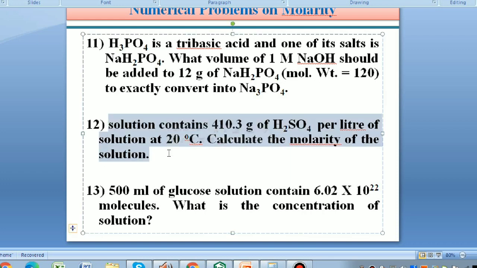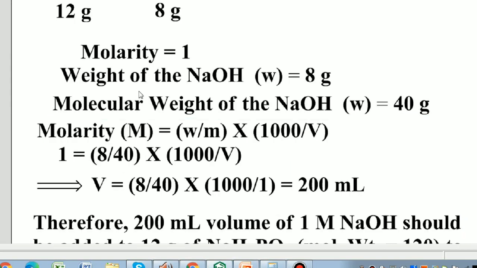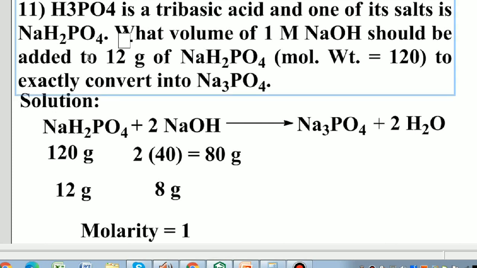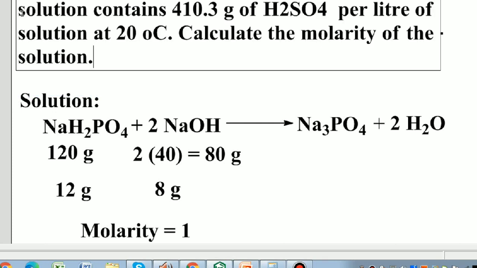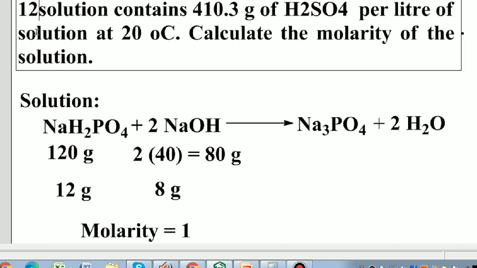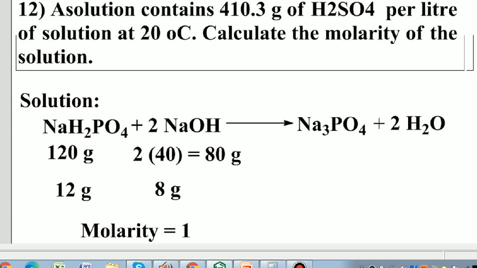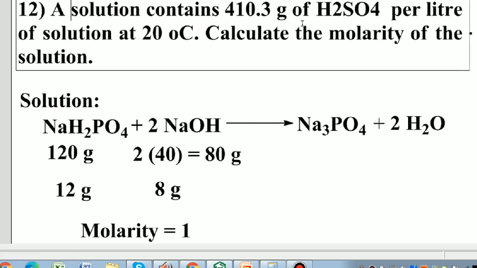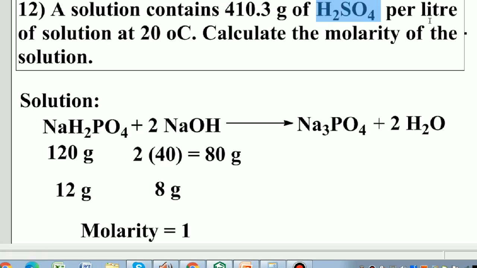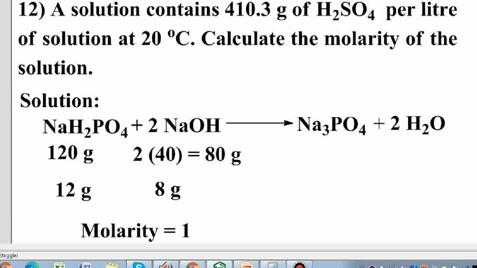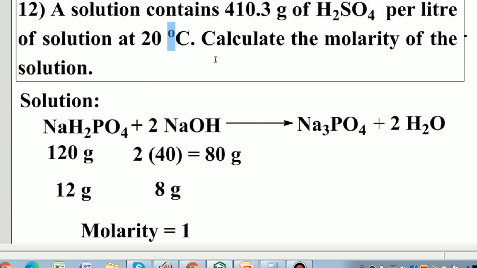Given problem, this is maybe problem number 12. Solution: a solution contains 410.3 grams of H2SO4, sulfuric acid, per liter of solution at 20 degrees centigrade. Calculate the molarity of the solution.